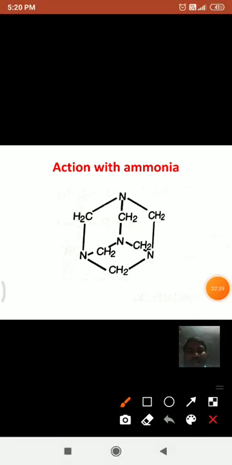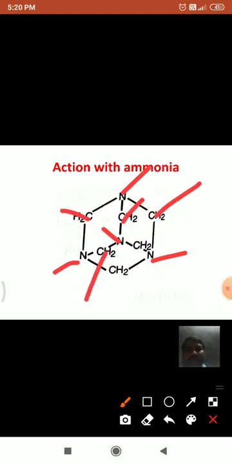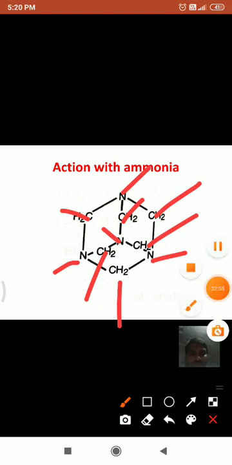If you observe this, there are 1, 2, 3 and 4 nitrogens, 1, 2, 3, 4, 5 and 6 CH2 groups, hexamethylene tetraamine compound, that is urotropin.